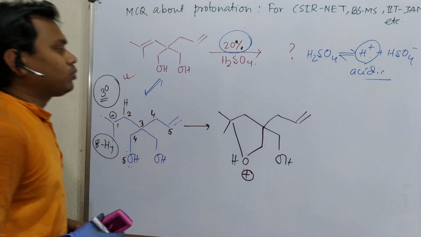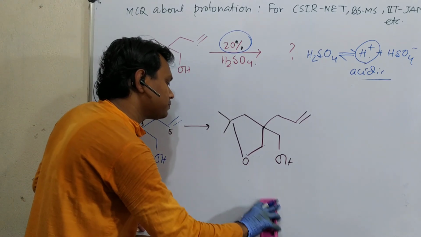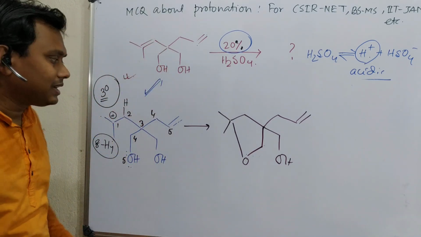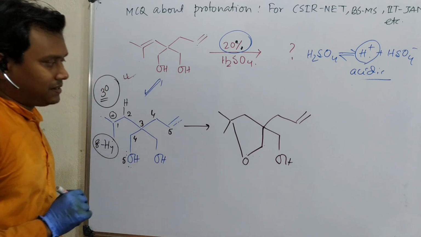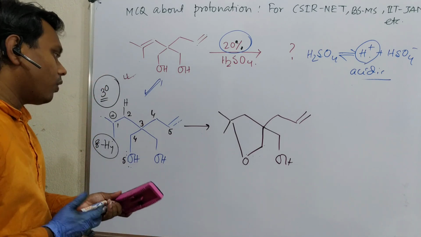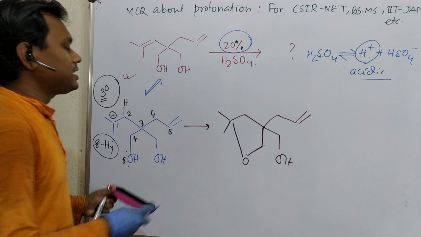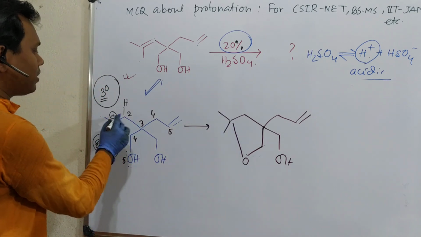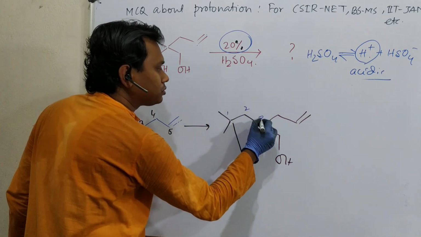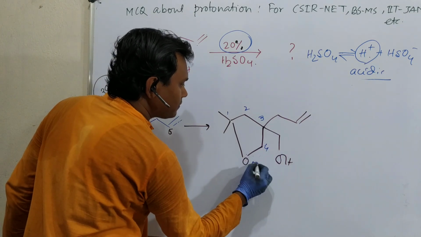Okay, so in the next step, what will happen? This proton will be eliminated, in acidic medium. Now fine. So what did we actually get in this case? We got a 5-member ring. Why? 1, 2, 3, 4, 5.